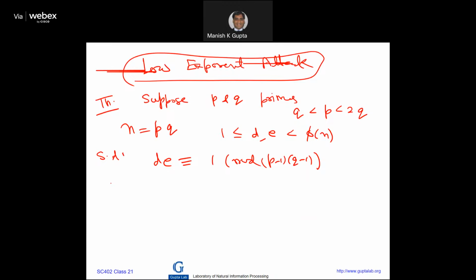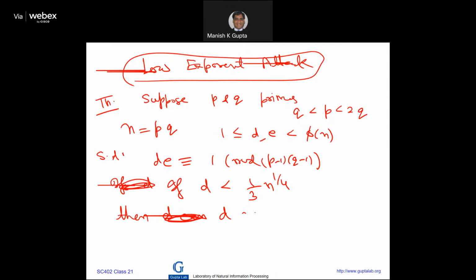Okay. Now there is a condition. If D is less than 1 by 3 N raised to power 1 by 4, then D can be calculated quickly, in polynomial time in log n, actually.